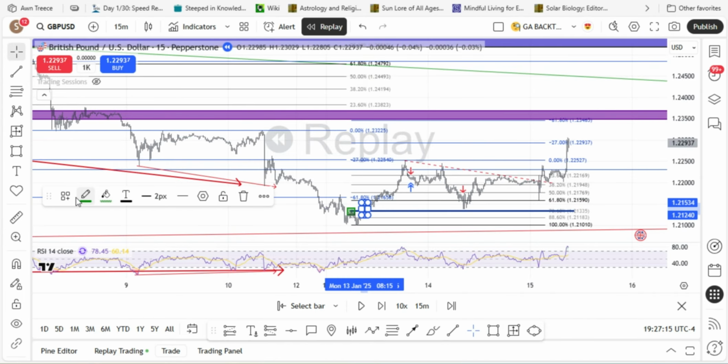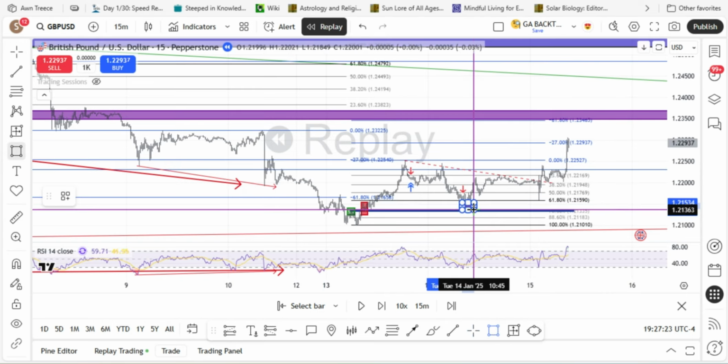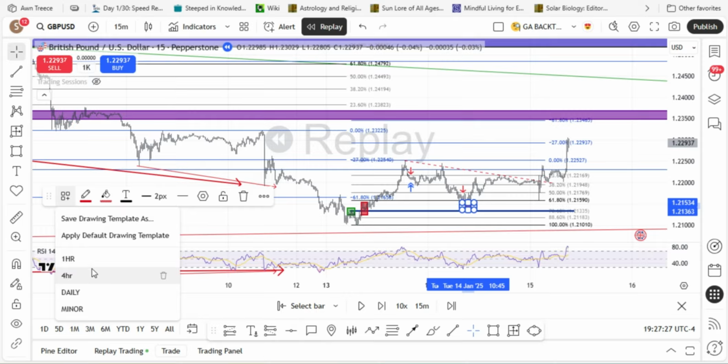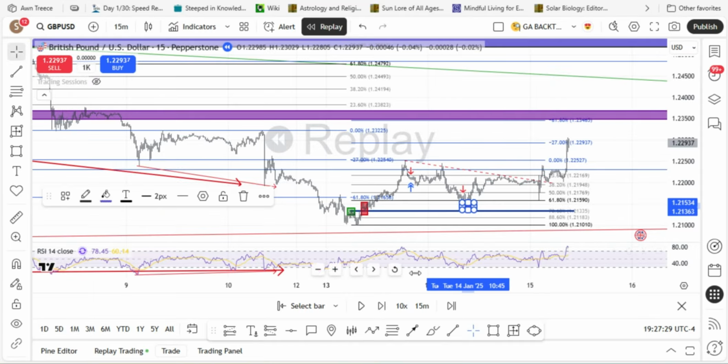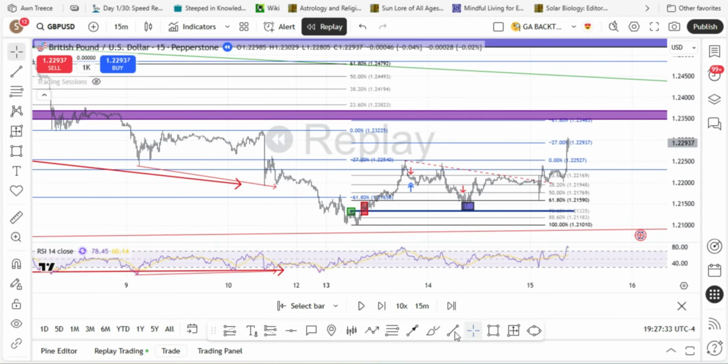This is the break. And this is the retest to buy it up. Okay.